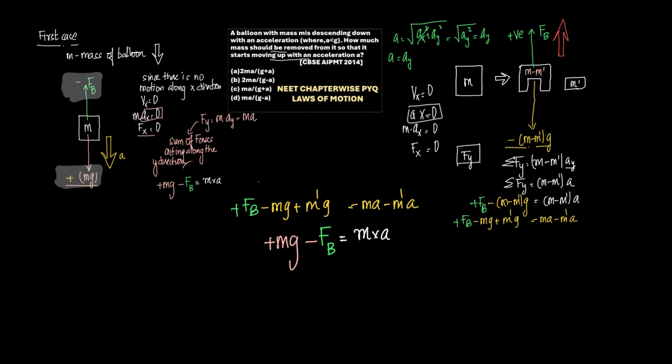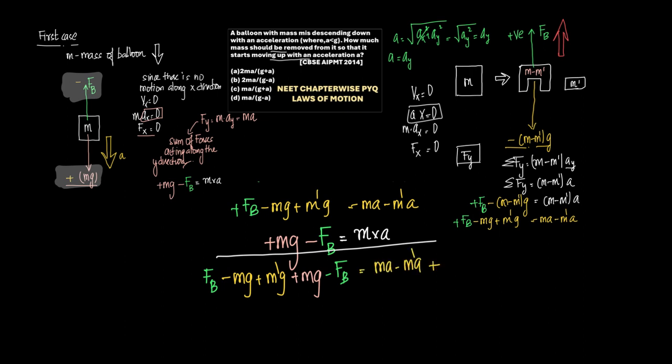Now, as in the case of every problem here, we'll add these two equations. So what do we get? We get Fb minus mg plus m dash g plus mg minus Fb is equal to ma minus m dash a plus ma.